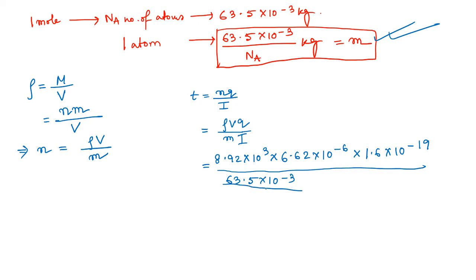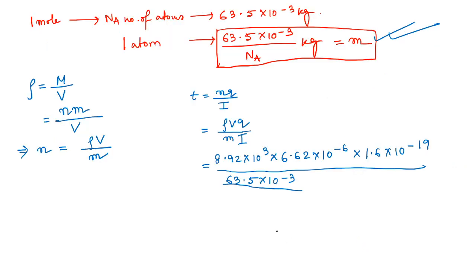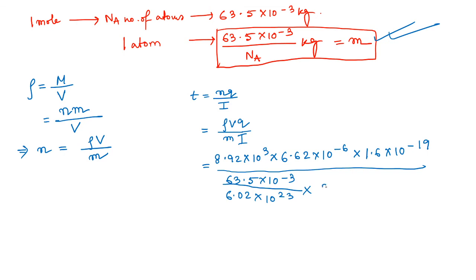What is Na? See here, Na is 6.02 into 10 to the power 23. This is Na. Into I. What is I? I is given as 20 ampere. So I is 20.